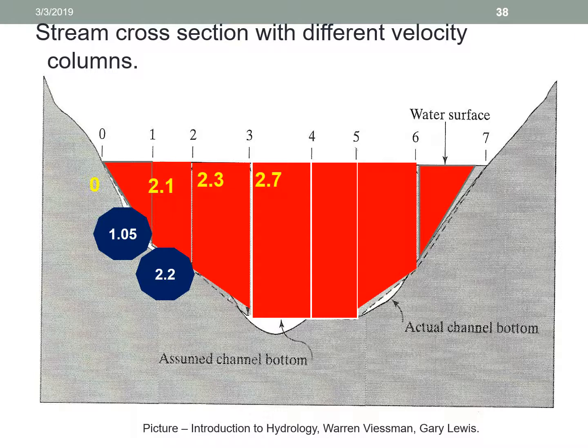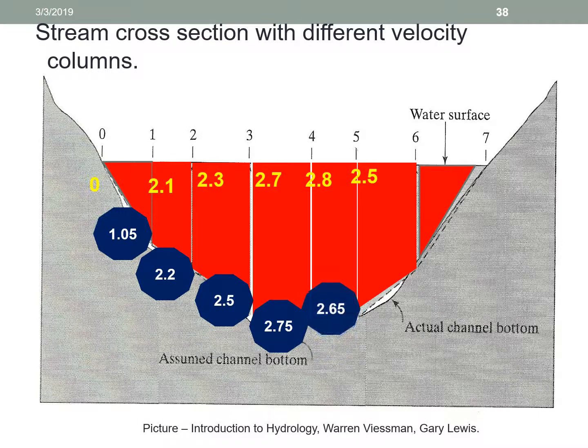Section 3 velocity is 2.7. The average of 2.3 and 2.7 will be 2.5. The next number is 2.8. The average of 2.7 and 2.8 will be 2.75. The next number is 2.5. The average of 2.8 and 2.5 is 2.65.